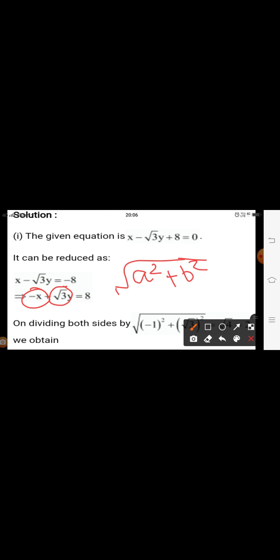The value of under root a square plus b square we get as 2, and on dividing all these values by 2 we get minus x upon 2 plus root 3 upon 2y is equal to 8 upon 2. Then on solving we get the reduced equation as minus 1 by 2x plus root 3 upon 2y is equal to 4. Minus 1 upon 2 is written as cos 120 degree, and root 3 by 2 is the value of sine 120 degree.